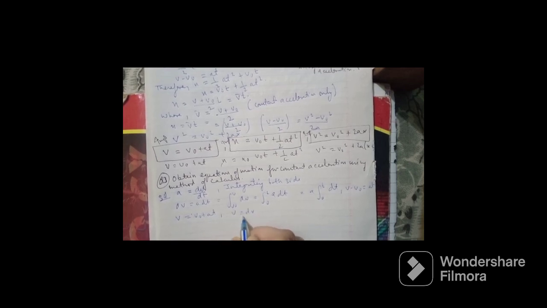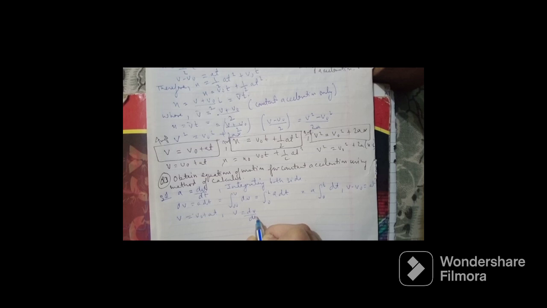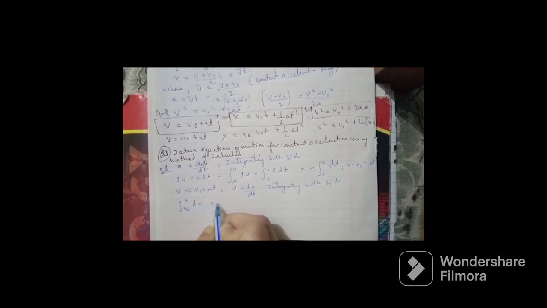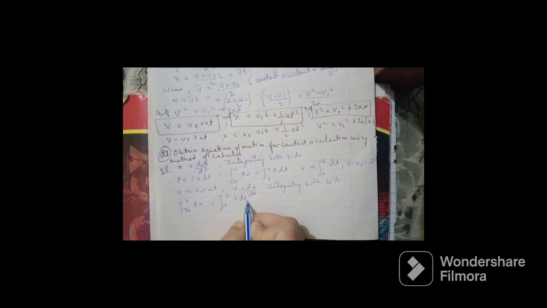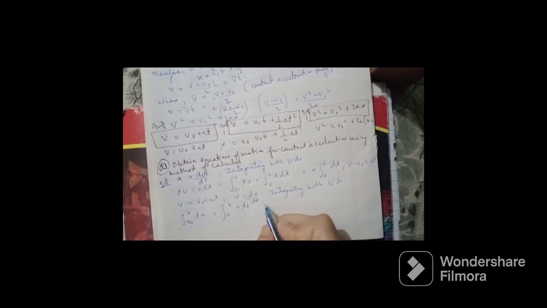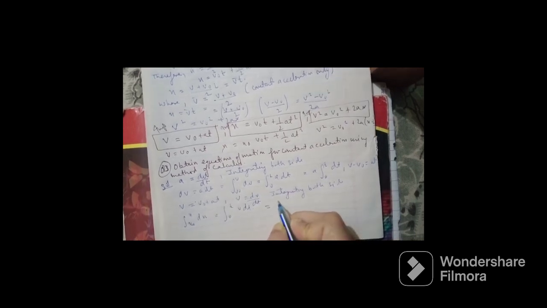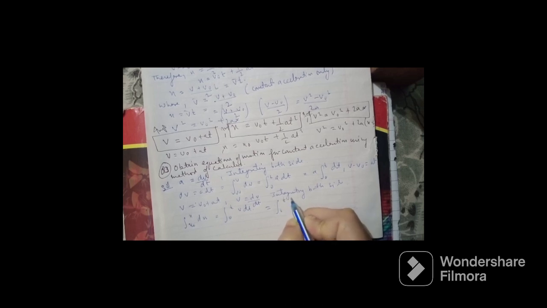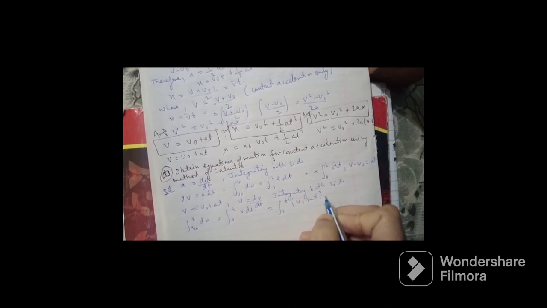Further, v equals dx by dt. Integrating both sides, we have the integral of dx from x naught to x equals the integral of v dt from 0 to t, which equals the integral from 0 to t of (v naught plus at) dt.